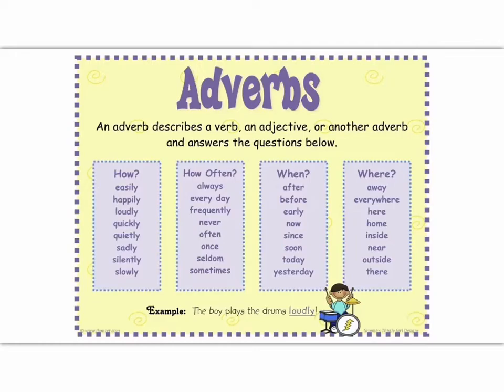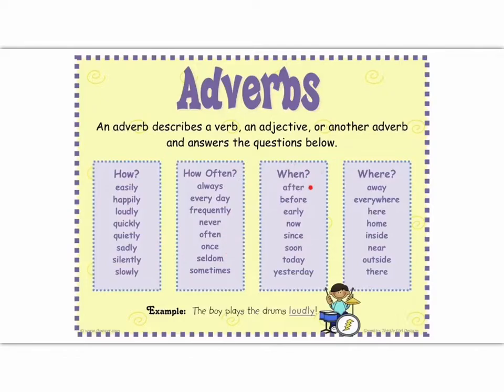This is just some examples of adverbs. Okay, there are your how adverbs right here in this first column, and you have easily, happily. How did he laugh? He laughed happily, or he laughed loudly. Or how often something is done. It's always happening, it never happens, often, seldom, those types of things.